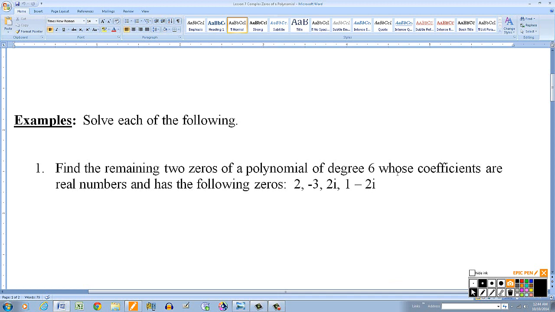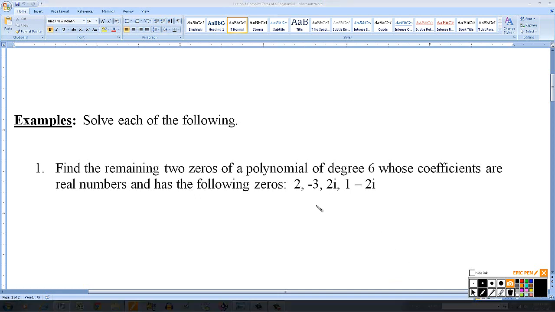Since it has real coefficients, I'm going to use the conjugate zeros theorem that tells me that complex zeros come in pairs. So if I know that 2i is a zero, then it must be true that the conjugate of that, or minus 2i, would also be a zero. If I know that 1 minus 2i is a zero, then the conjugate of that, which is 1 plus 2i, would also be a zero.